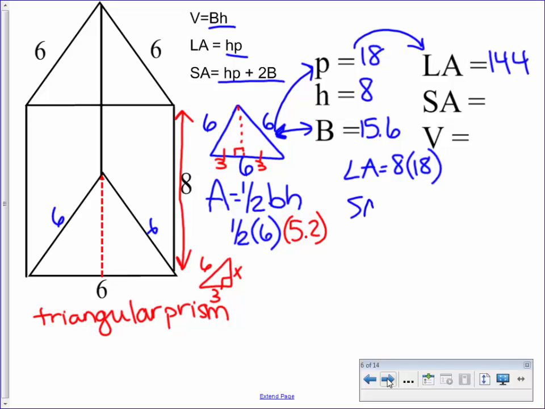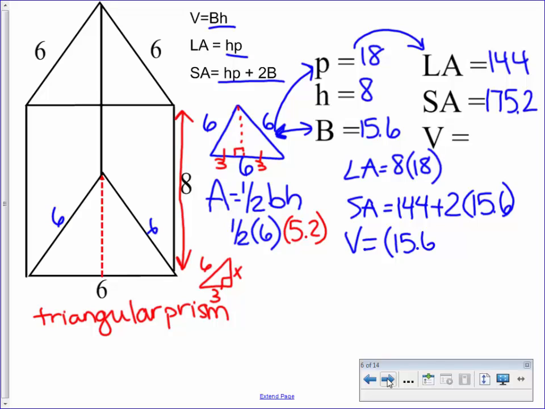Our SA is the LA, the H times P, which we found to be 144, plus 2 times the area of the big B, 15.6. When you do that, you should get 175.2. Lastly, our volume is the big B, so 15.6 times the height, which is 8. And you should get the volume to be 124.8.